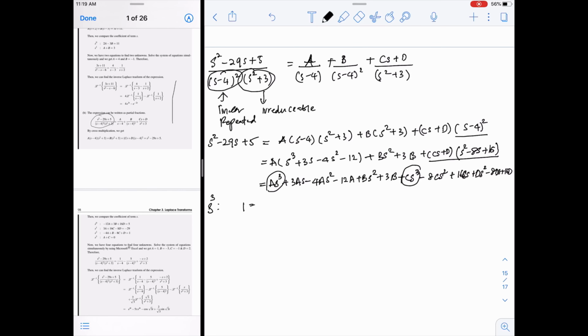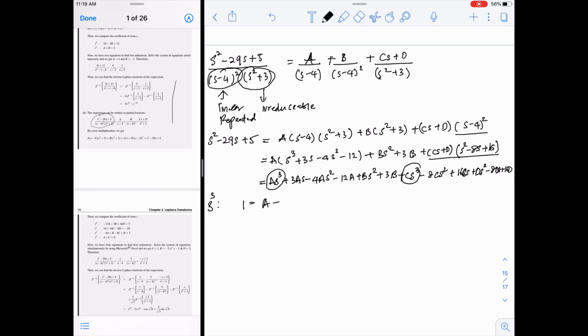So you will have A plus C. And then for the second one, you gather the s with power of 2. However, be careful, because s to the power of 3 here is 0, and then power of 2 we have 1.